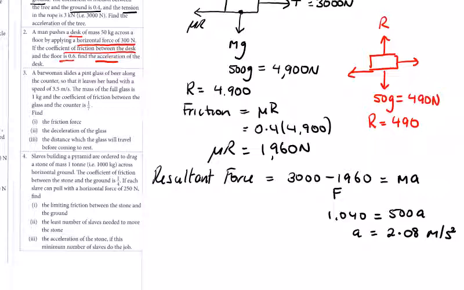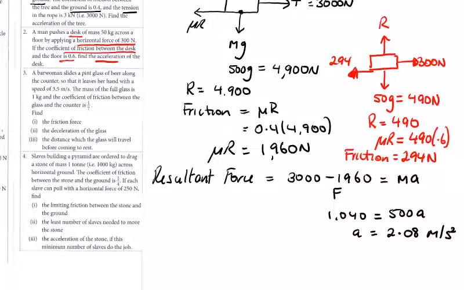Therefore mu R, we're told mu is 0.6, is equal to 490 by 0.6, which is 294 newtons. So this is my friction force, 294, back in this direction here. We were told the pulling force, or the horizontal force, is 300.